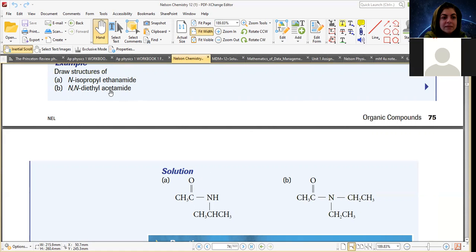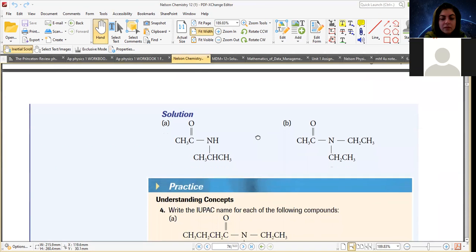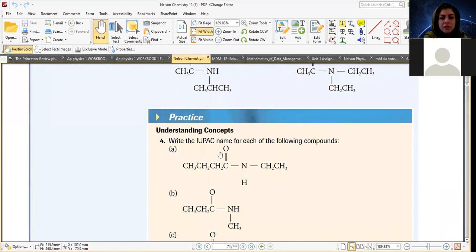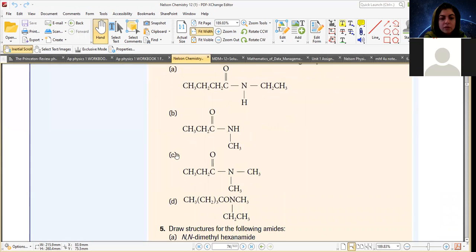And N,N-diethyl acetamide. So it means you have 2 branches, that is ethyl, and you have 2 carbons. I know this is acetamide, just make sure when you say acid, it means this is 2 carbons. I could say ethylamide, right? Ethamide. So here is question number 4 and 5.